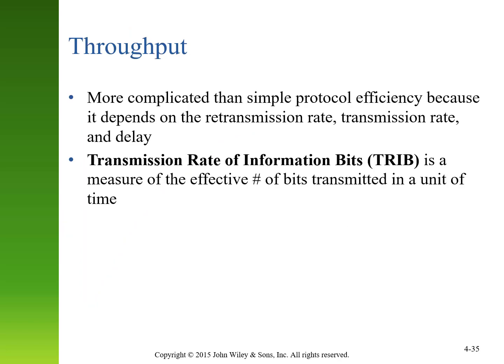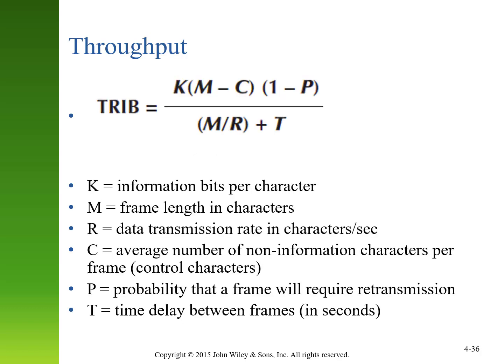Instead of looking just at efficiency, we might look at throughput. And one measure of throughput is transmission rate of information bits. And it takes more into account than just the ratio of data bits versus non-information bits plus data bits. And here's the equation we would use.